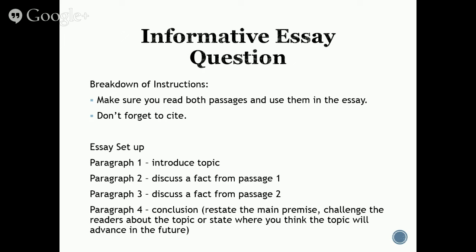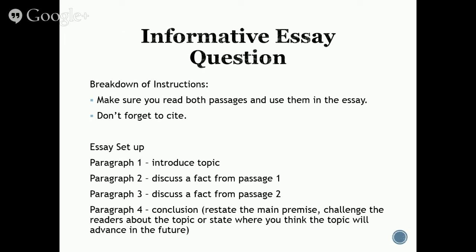And I will cite it, so that way I know in my second paragraph I covered the first passage. Then in paragraph 3, I'm going to do the same thing. I'm going to pull out an important fact that can inform on this topic from passage 2, and discuss it in paragraph 3. And I make sure I cite it, so that way I make sure I covered both passages.